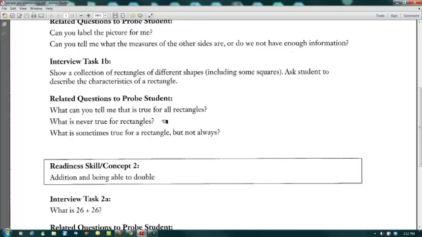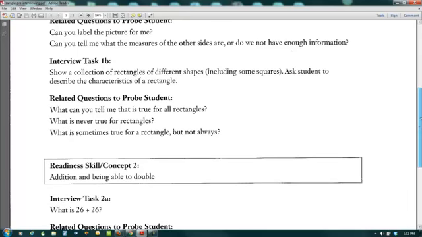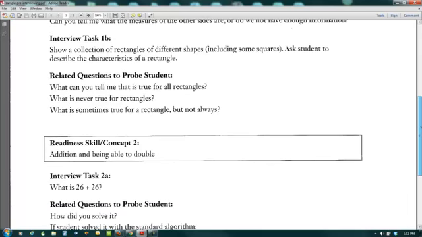Again, you'll see that they go beyond asking the student things like, is a square a rectangle, or that type of thing. They really are much more open-ended questions. I love the what can you tell me about rectangles. That is a really good one to ask students no matter what topic you're choosing.